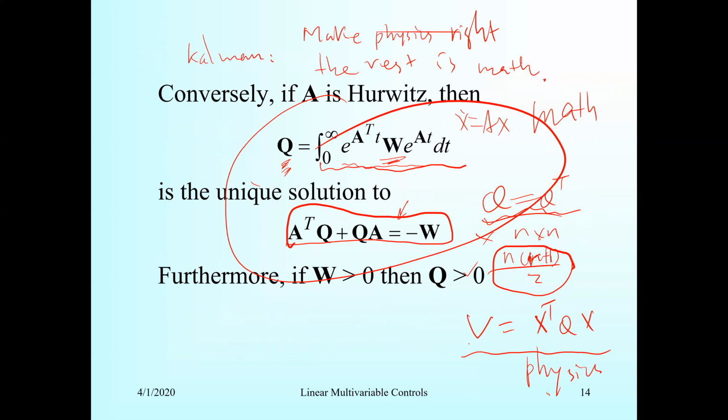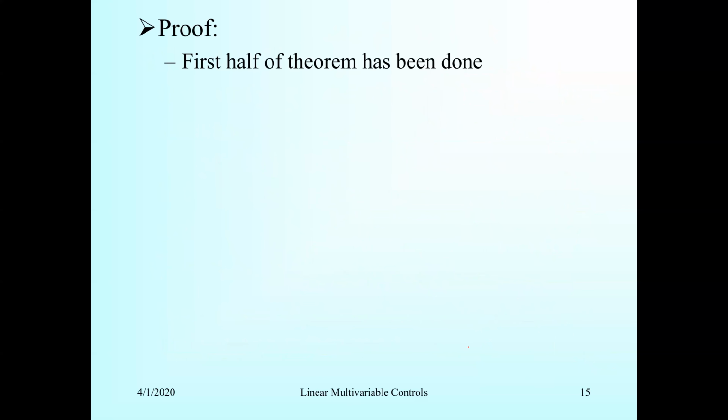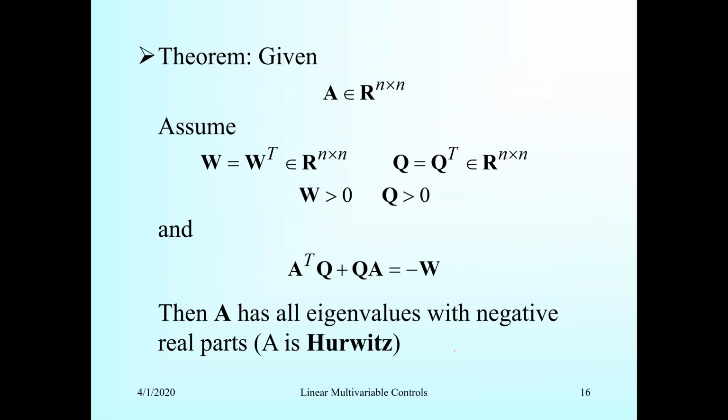Okay, so we're almost there. So we have a proof. First half of the theorem has been done. So it's an if and only if, actually. We have seen this already, right? Okay.